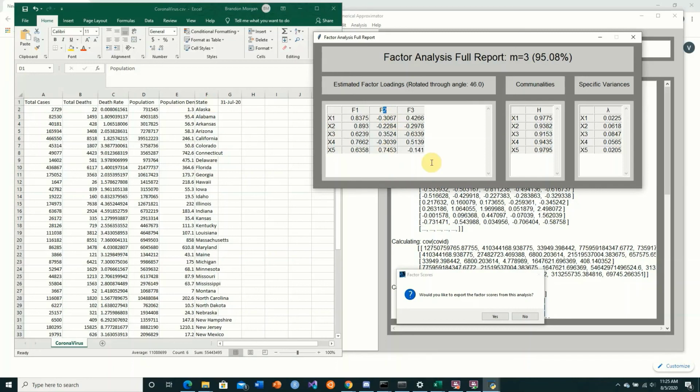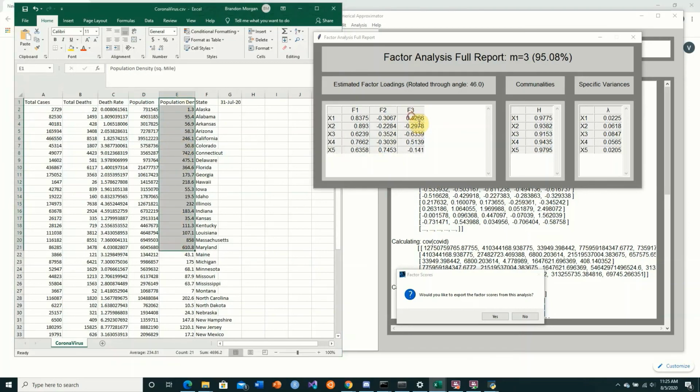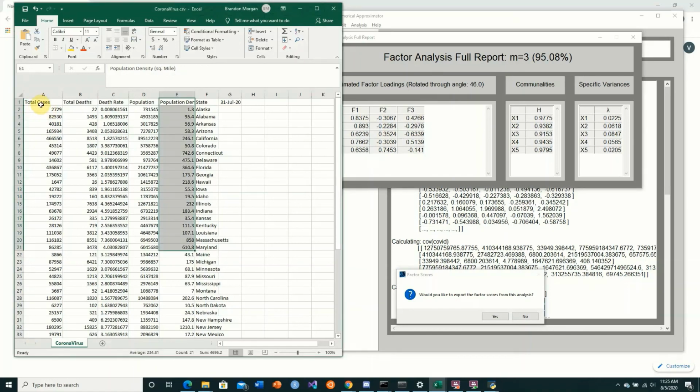F2 simply explains a lot of the population density, so this would probably be our second underlying variable. And then F3 explains a little bit of the total cases, most of the deaths, and a little bit of the population. So this would probably be a mixture of these 3 variables, our third underlying variable.